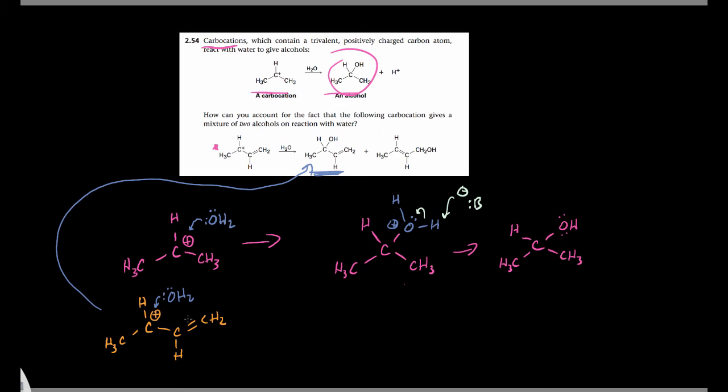But notice that since we have a double bond next to the carbocation, we can draw a resonance structure in which I'll use a different colored arrow. We can draw the electrons there, and I'll draw a resonance arrow here to show that we have resonance, putting the positive charge on that end carbon, and here we have two resonance structures.